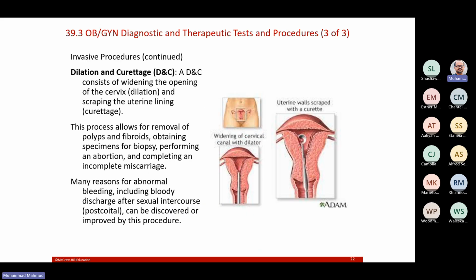This procedure is the D and C, dilation and curettage, which consists of widening the opening of the cervix and scraping the uterine lining by using a curette. This is usually done for biopsy, performing an abortion, and completing an incomplete miscarriage.